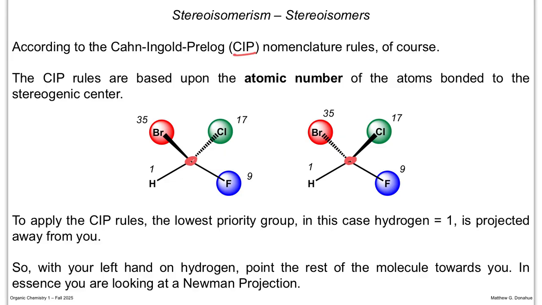So again, to recap, a carbon with 4 different substituents is a chirality or stereogenic carbon. You go out to the immediately bonded atom. You don't go out more than 1. What is that element? Find its atomic number. That's the first thing you're going to do. And then from that, you're going to assign a priority. The higher the atomic number, the greater the priority.